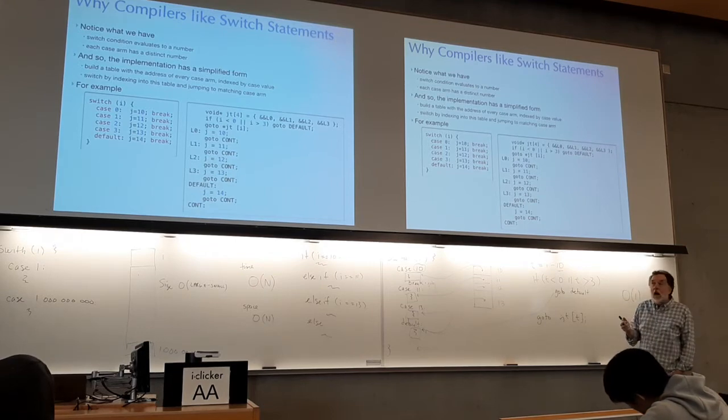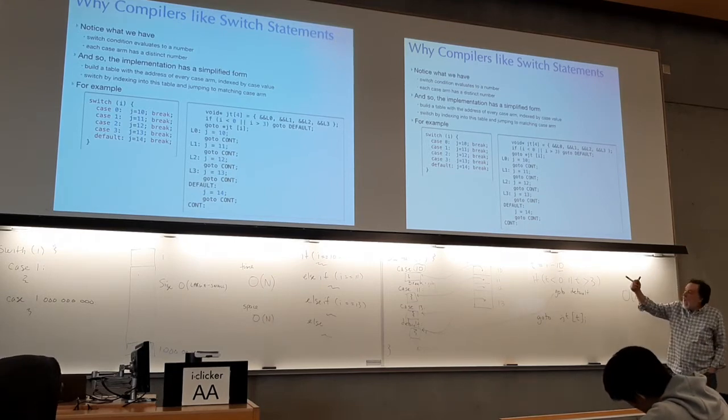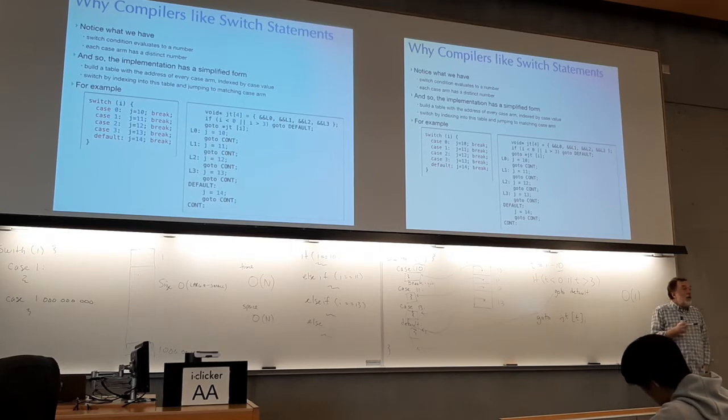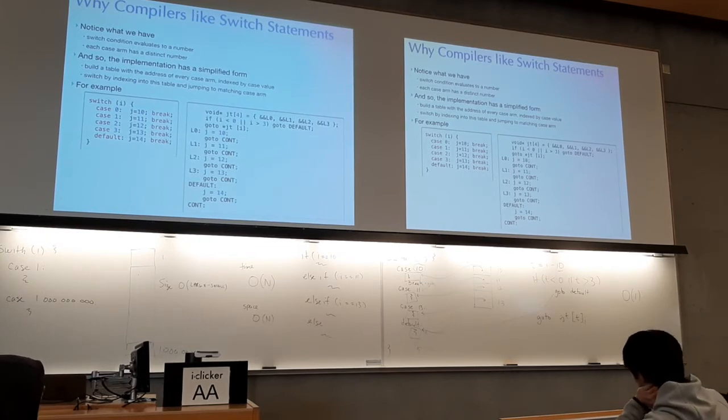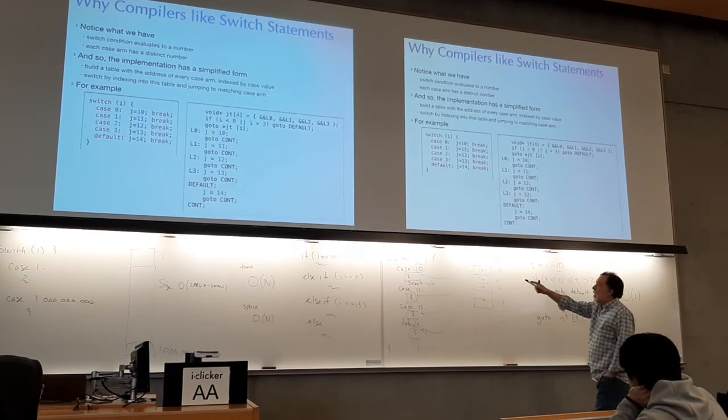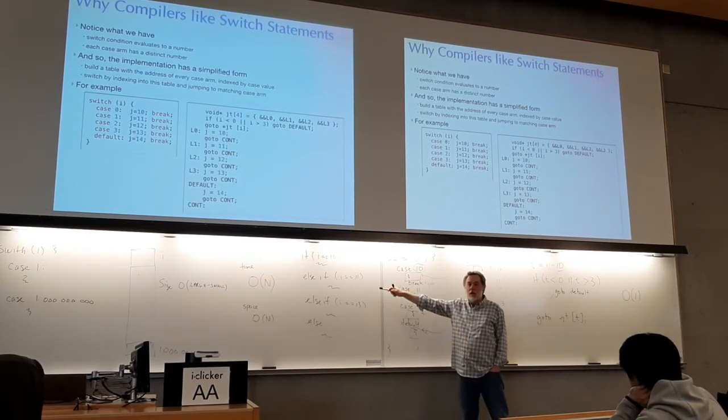And so what does the compiler do? Well, the compiler looks at the switch statement and uses some heuristics to decide which of these two implementations to use. In some cases, it's completely obvious. For example, if you only have one case label, you might as well do this.